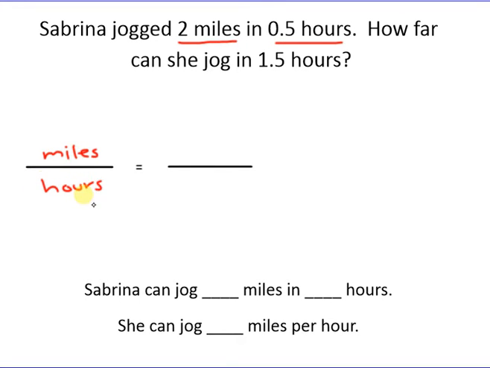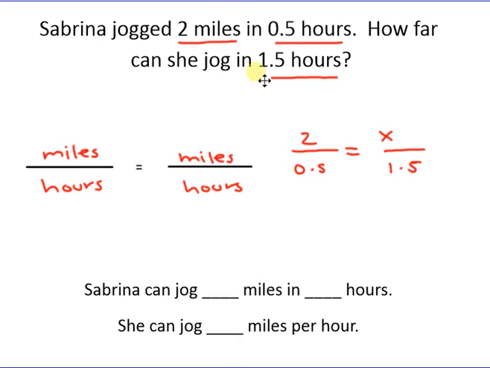And if it's miles over hours here, it's miles over hours here. Okay, so we have 2 over 0.5 equals x over 1.5. And the reason why it's x is because we know the hours, but we don't know the miles for the second one.